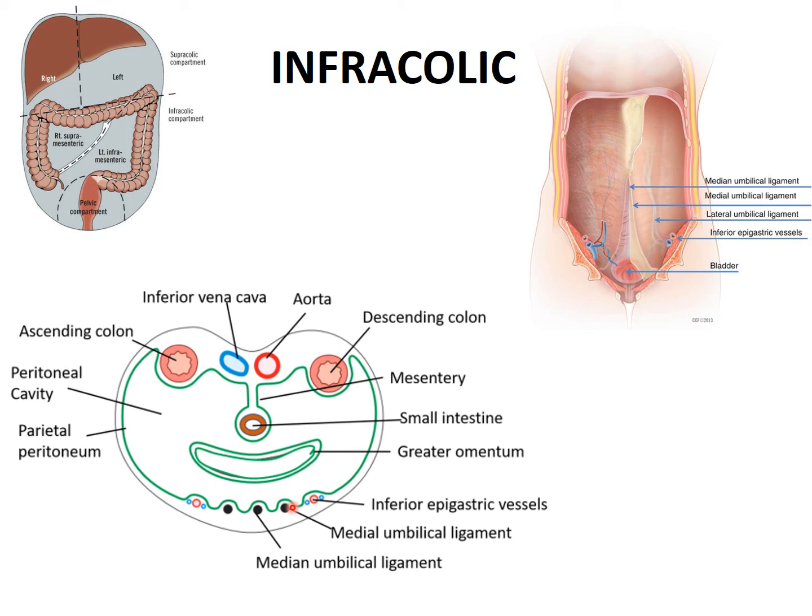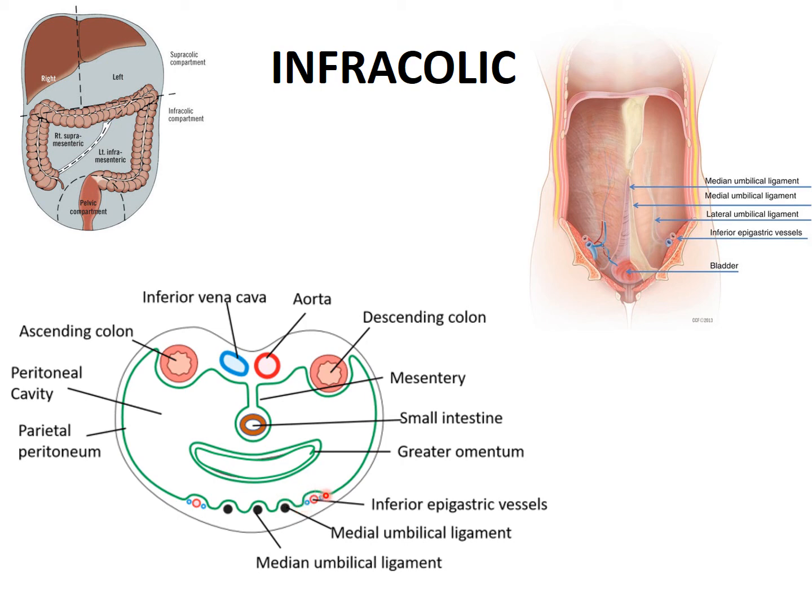So when we trace the peritoneum in the abdominal cavity, especially the infracolic part, we will find right from the beginning that a fold is raised by the median umbilical ligament, then the medial umbilical ligament, then the lateral umbilical ligament.